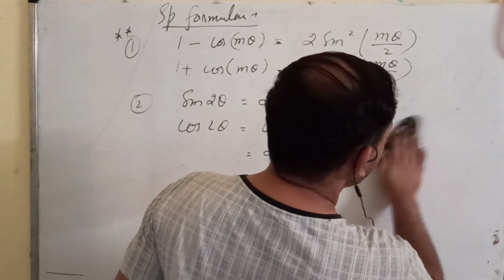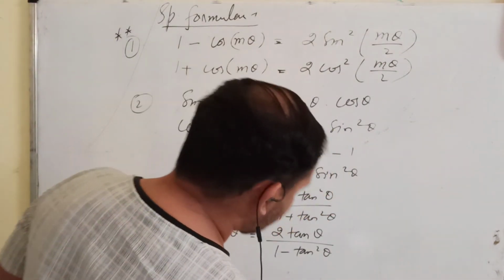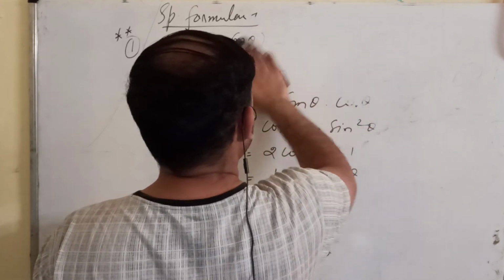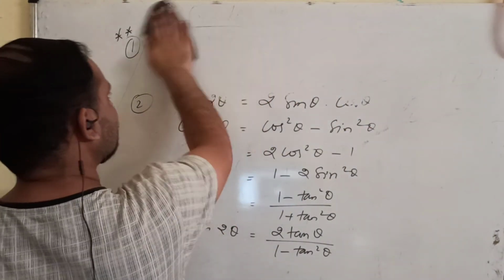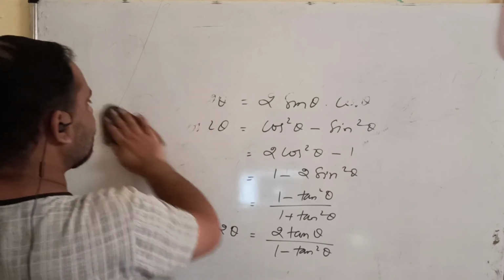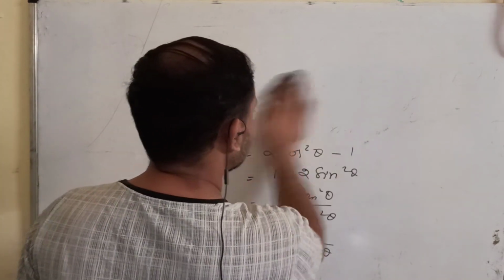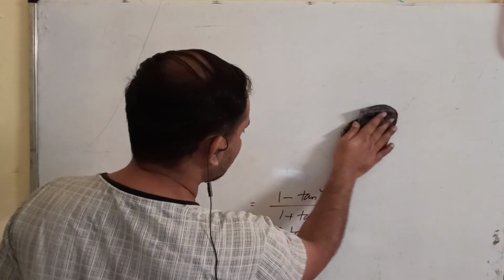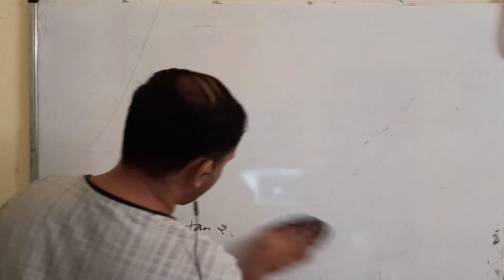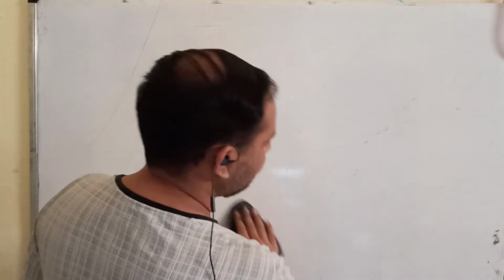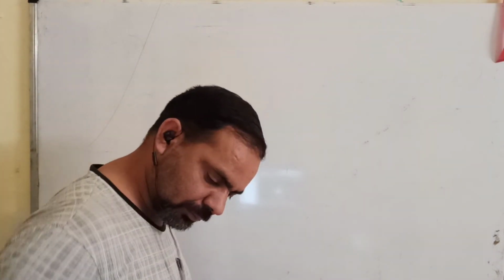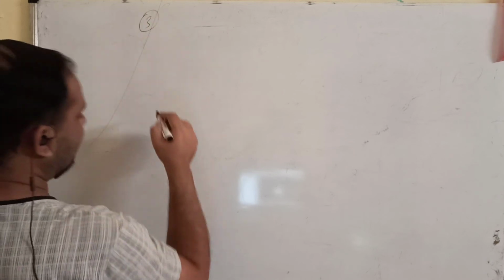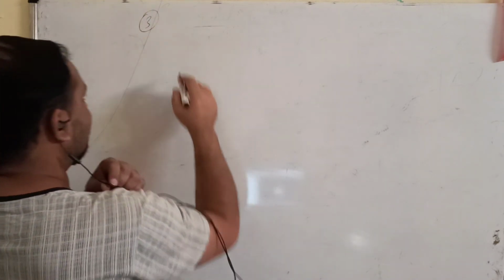Okay. Next we will write the values for 3 theta. Now the third one is for 3 theta.